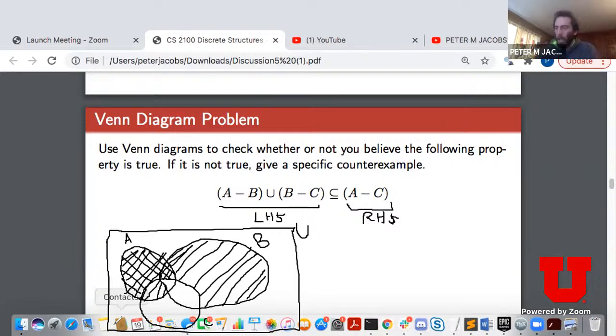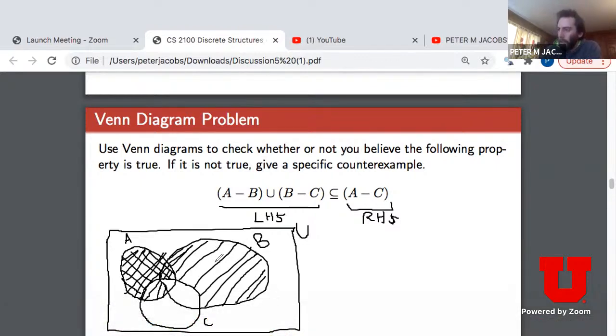It's clear now that that is not the case. There are parts of the left-hand side which are not a subset of the right-hand side. So this gives us the intuition that the left-hand side is not a subset of the right-hand side. The next part of the problem then is to find a counterexample.